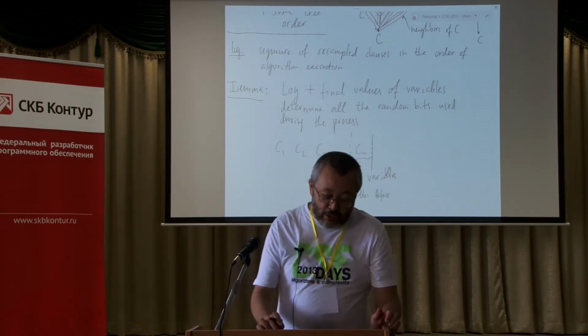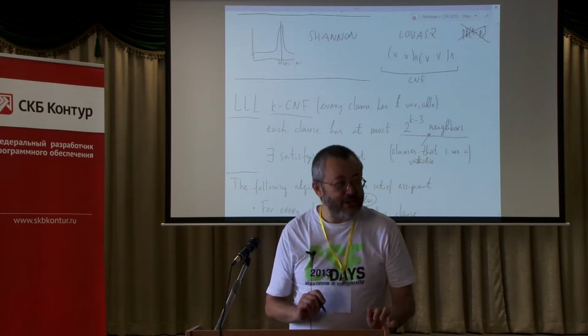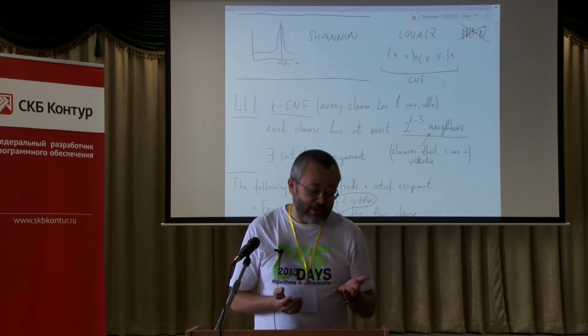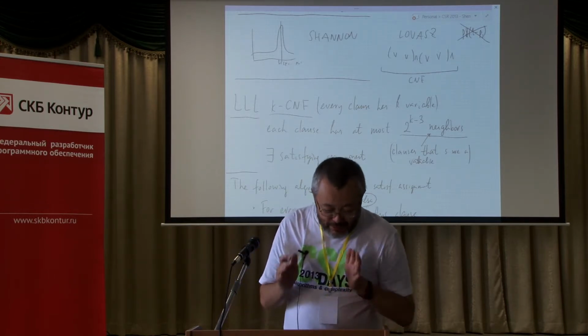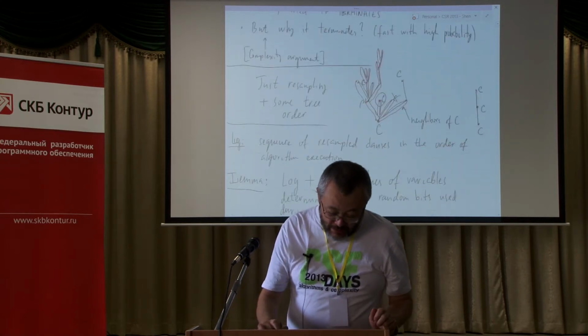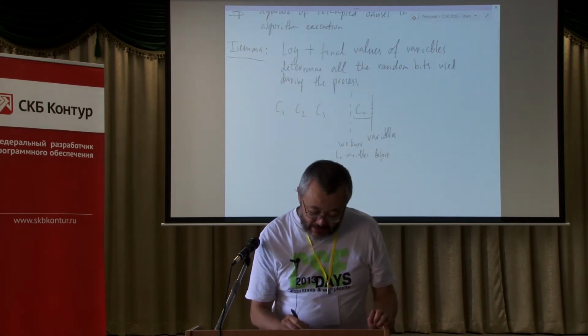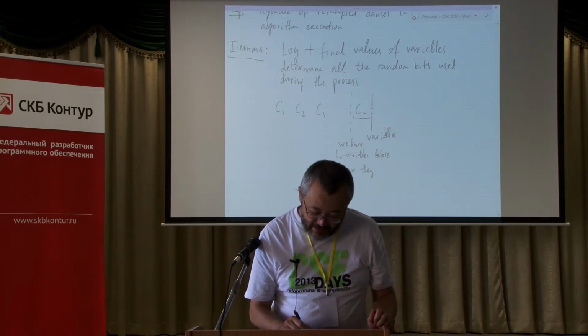Each clause is a disjunction of some literals, so it is false only for one assignment of values. So we know that, because they made Cn false.